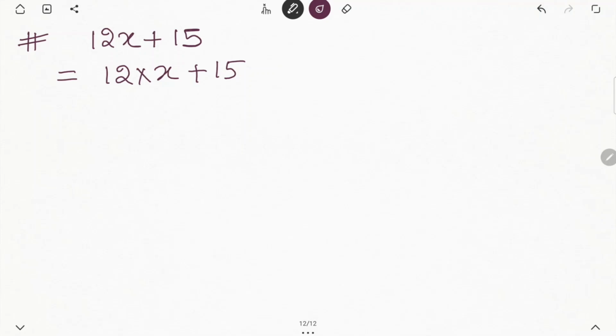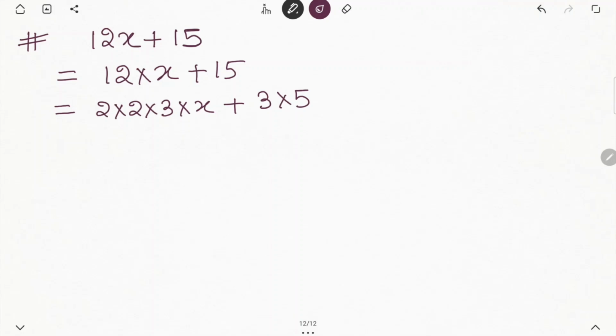Now I factorize 12 and 15. If I factorize 12 and 15, what do I get? Here I get 2 into 2 into 3 into x plus, here, 3 into 5.